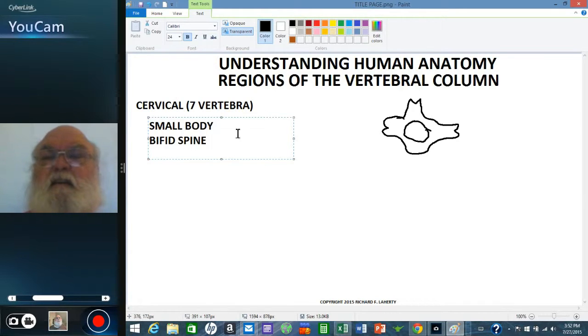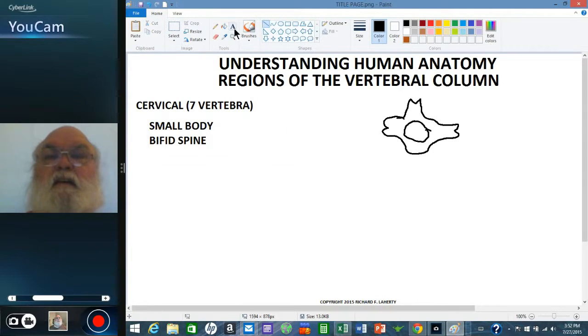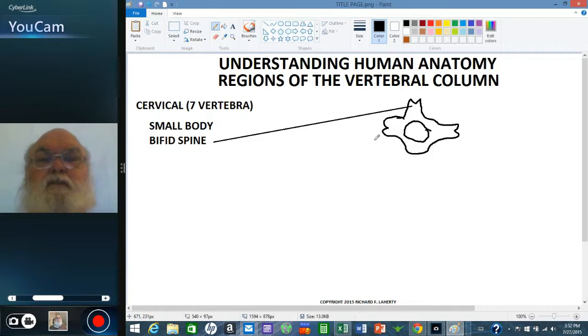and bifid spinous there. And then we'll find that in each of the transverse processes, there is a hole or a foramen. And this foramen is called the transverse foramen.